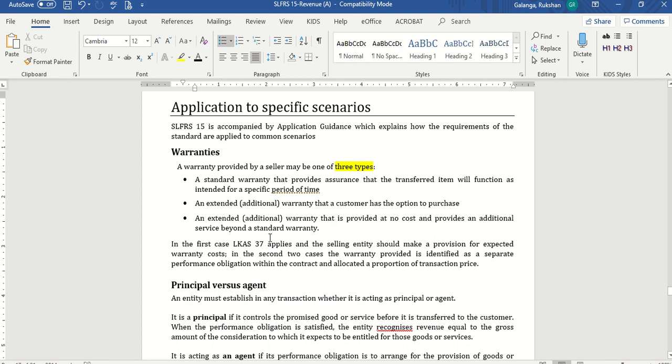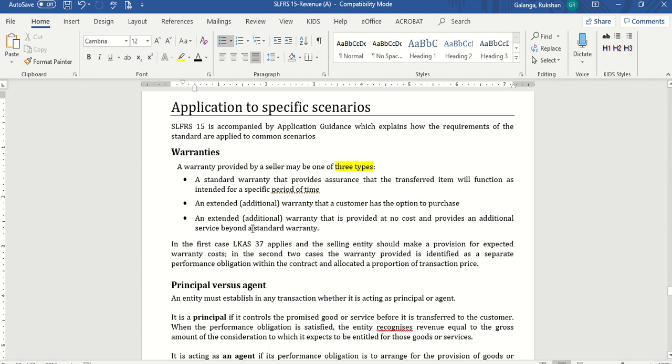Right? Okay. So in the case of the first case, that is the normal standard warranty, you know that warranties we recognize under IAS 37 when we make a provision. If we make a sale under a warranty, we should make a provision in the financial statement in relation to the first category. Make a provision. That's how we treat it.